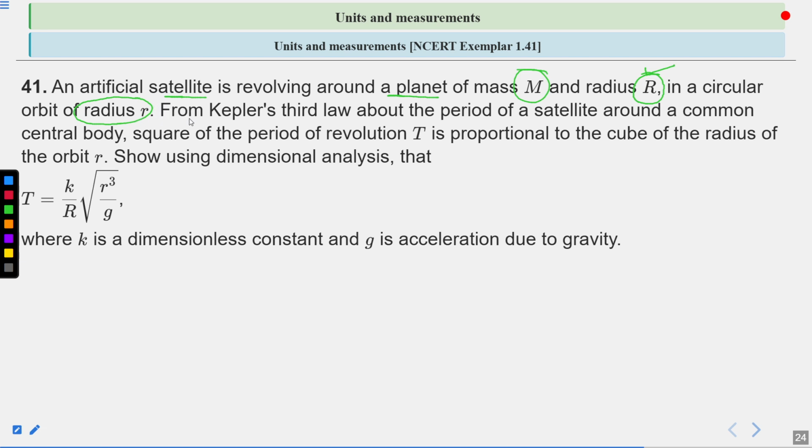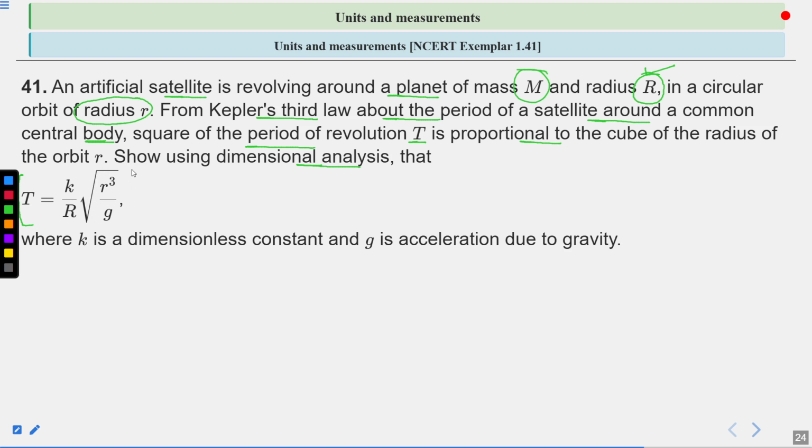Clear? From Kepler's third law about the period of a satellite around a common central body, square of the period of revolution T is proportional to the cube of radius of orbit r. Showing using dimensional analysis, T is equal to k divided by R into under root r cube divided by g.